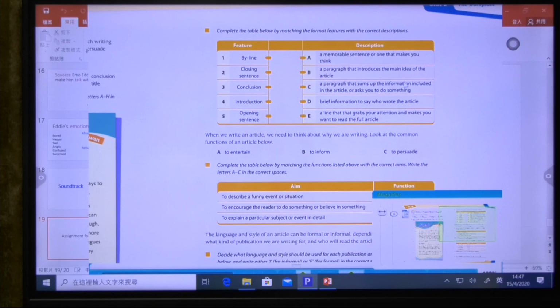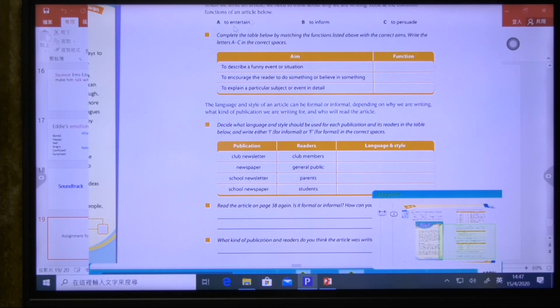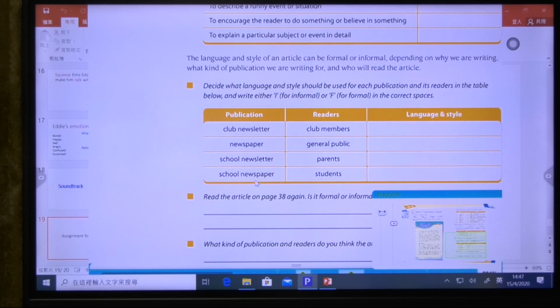And then another exercise is a matching for you to work with, filling in the ABC here, and the language style, like this one is about I and F. I is informal, and F is formal. So what style is, say for example, a school newspaper?